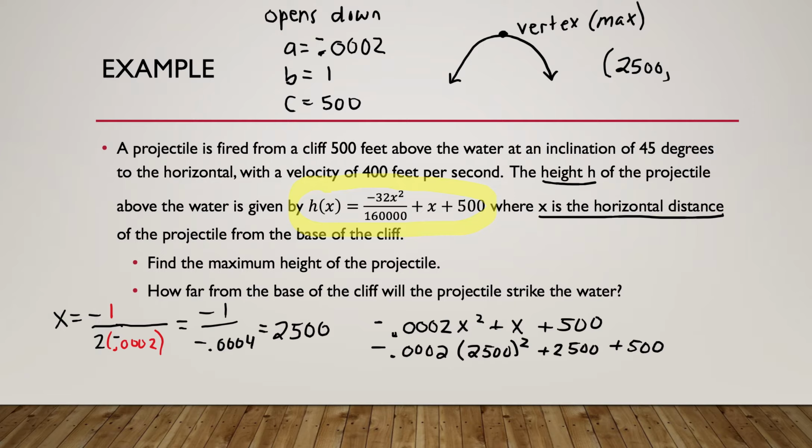And so that's going to give me 1,750 for the Y value. Okay, so now we have our vertex point.